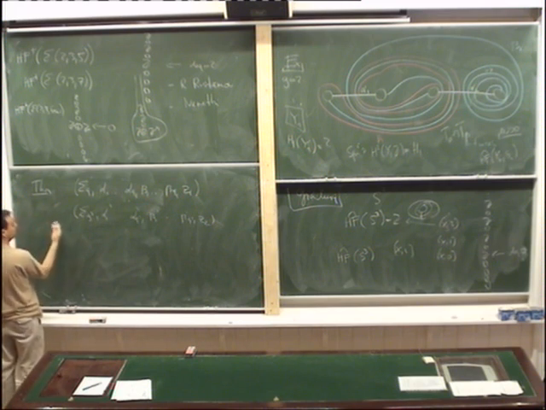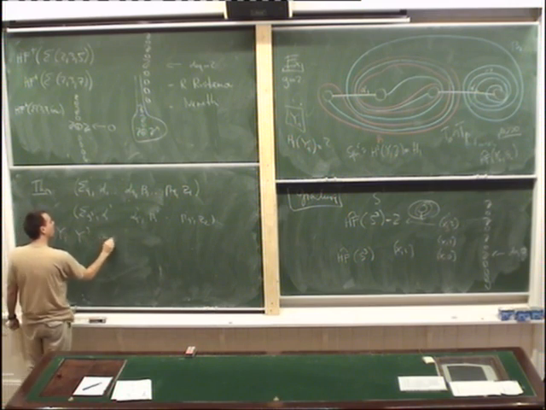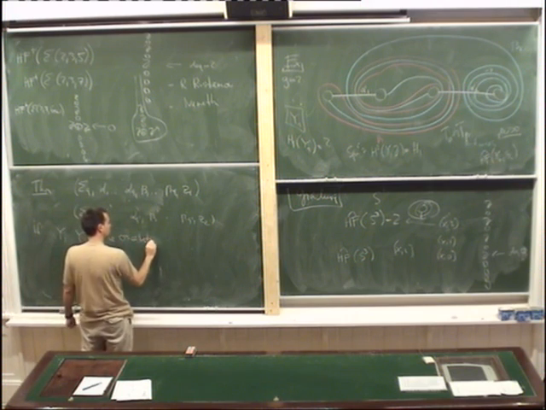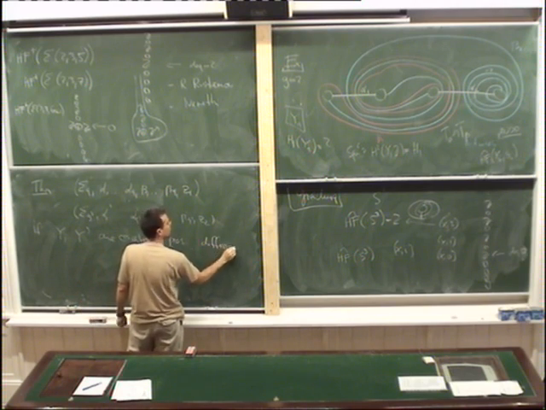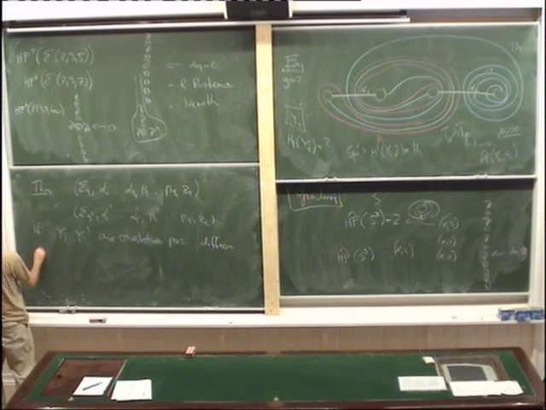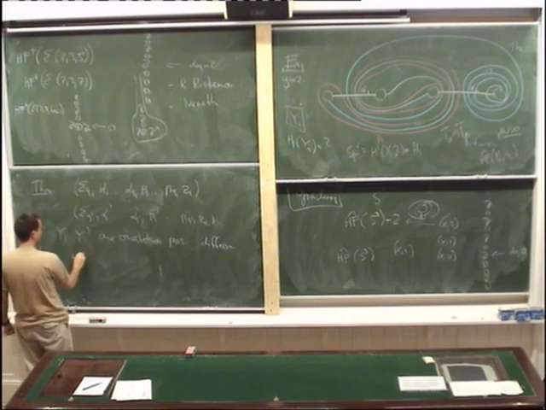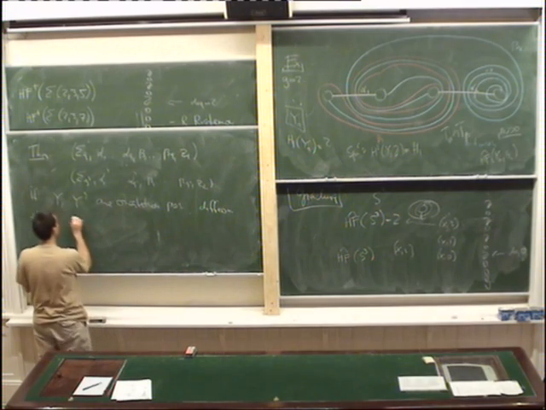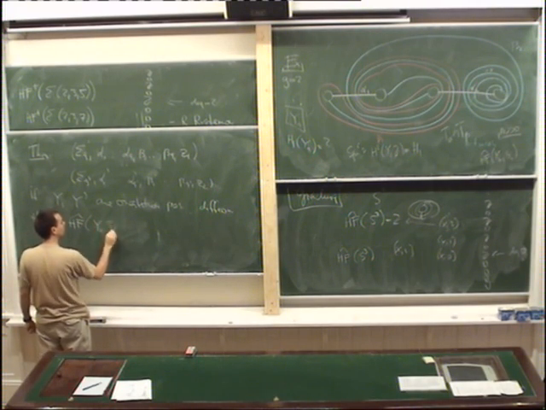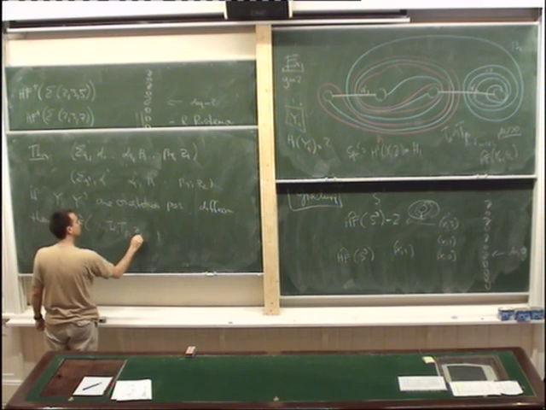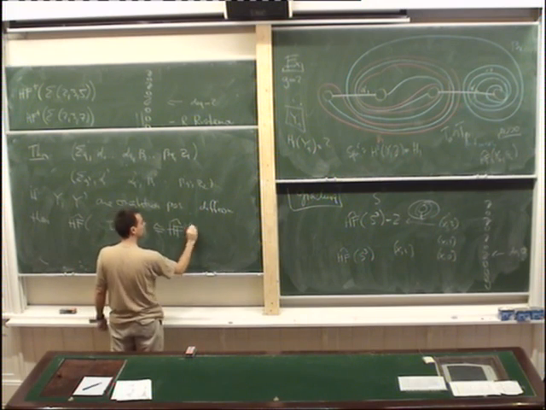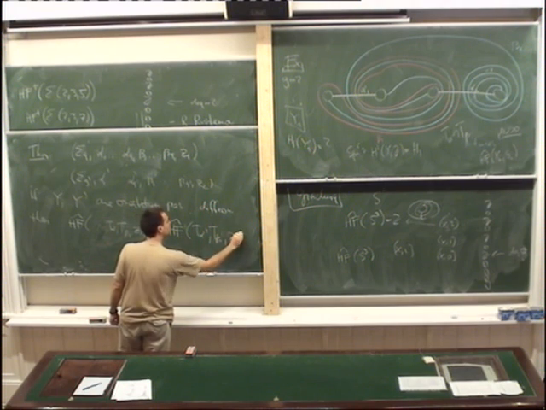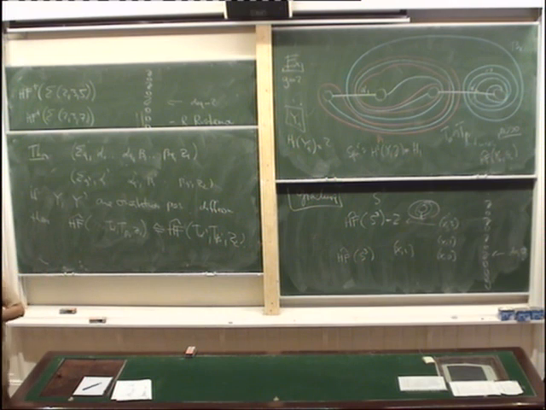The statement is, if the corresponding 3 manifolds Y and Y prime are orientation preservingly diffeomorphic, or what's the same, homeomorphic, then HF hat of Y, T alpha, T beta, z1 is isomorphic to HF hat of Y prime, T alpha prime, T beta prime, z2, and the same for plus, minus, infinity.